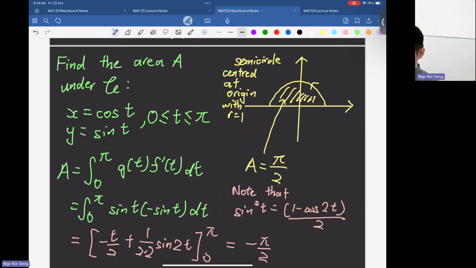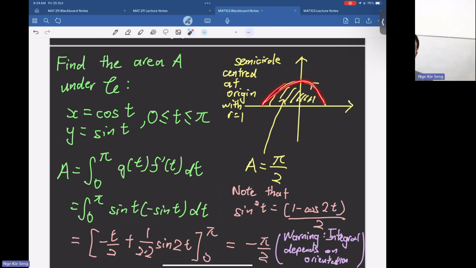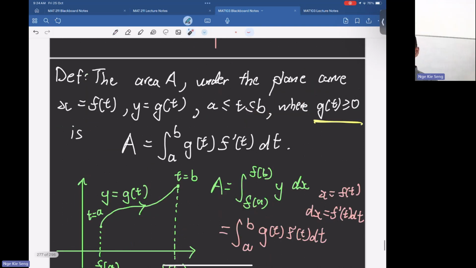I'll remark here as a warning: integral depends on orientation. Actually I never taught you to orient your curve in the other direction. We only defined orientation in one direction.